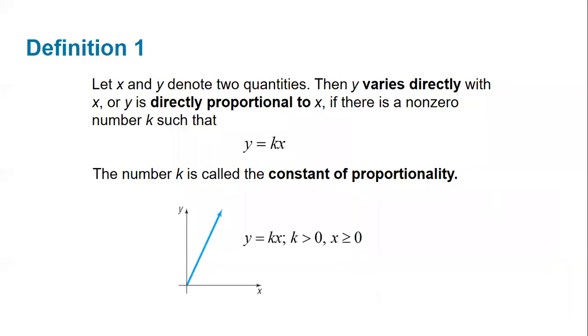On your paper, where the blanks are, those are the bold things. For definition 1, that's your first blank, we're going to let x and y denote two quantities. When you read y varies directly with x, or y is directly proportional to x, if there is a non-zero number k such that, in the box you're putting y equals kx.